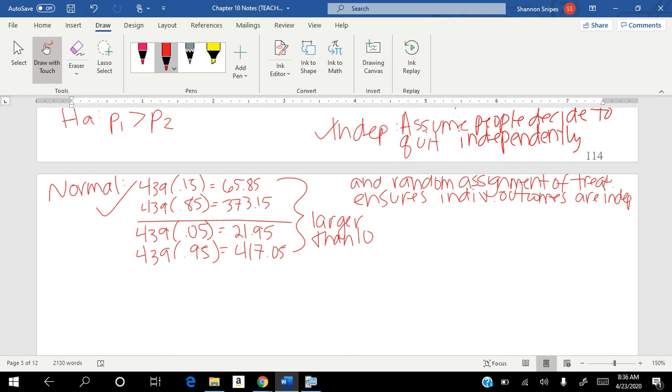Okay. So let's talk about the do step and the calculator. If you're going to use the calculator to do the do step, you 100% have to name the test. I have been trying to train you to name the method of inference in the last two chapters. So when you were doing a one sample confidence interval, you wrote one sample confidence interval for means, one sample confidence interval for proportions, and so on. If you're going to use the calculator to do the do step, it is imperative that you name the test or the method of inference that you're using.